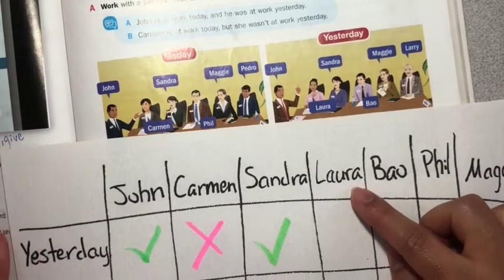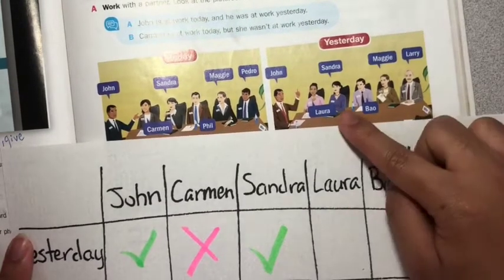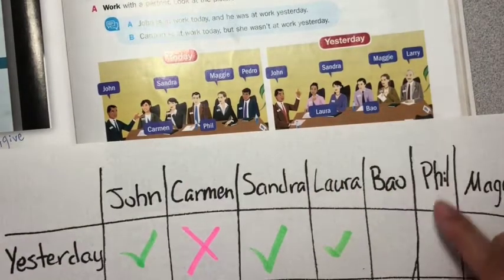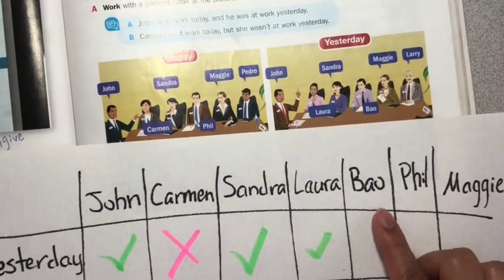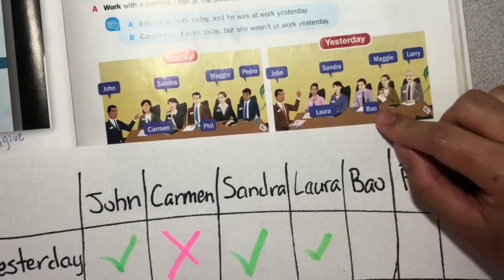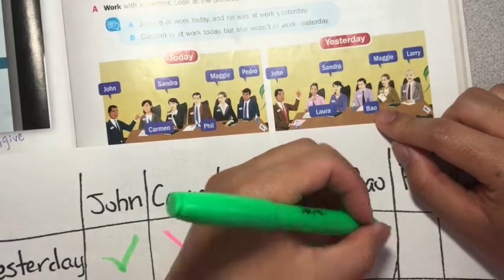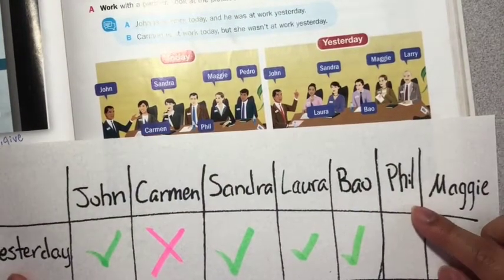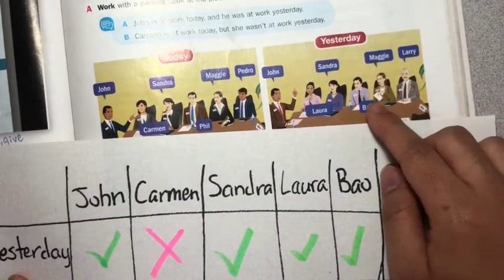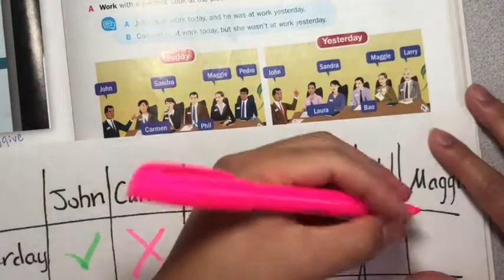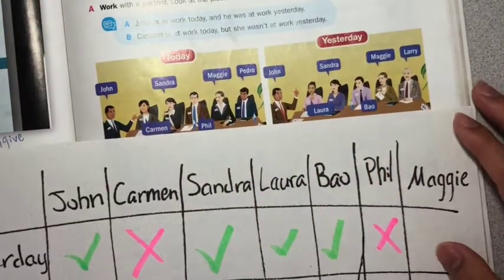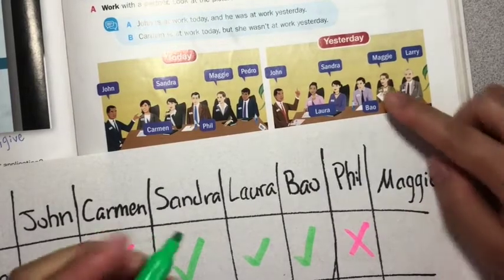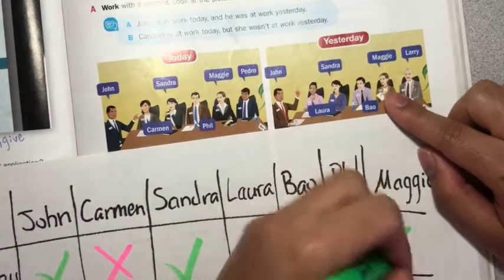Was Laura at work yesterday? Yes, Laura was at work yesterday. Was Bao at work yesterday? Yes, Bao was at work yesterday. Was Phil at work yesterday? No, Phil was not at work yesterday. Was Maggie at work yesterday? Yes, she was. Maggie was at work yesterday.